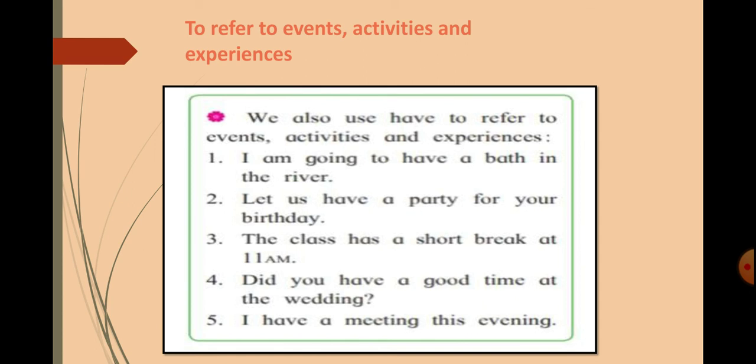The class has a short break at 11 am. Did you have a good time at the wedding? I have a meeting this evening. All these are examples which refer to events, activities and experiences. For that we use have.